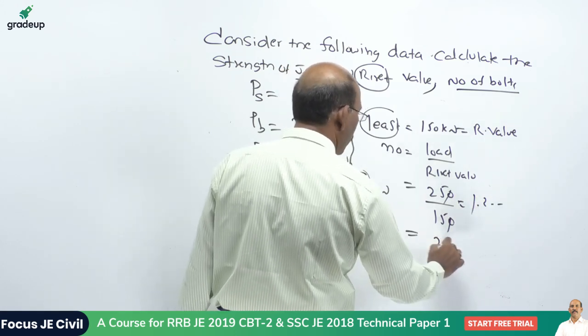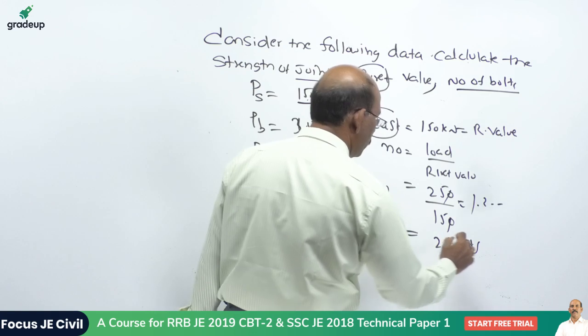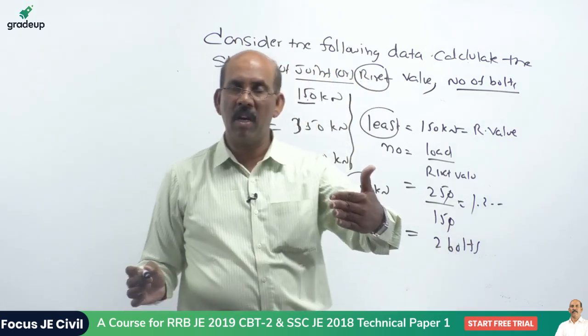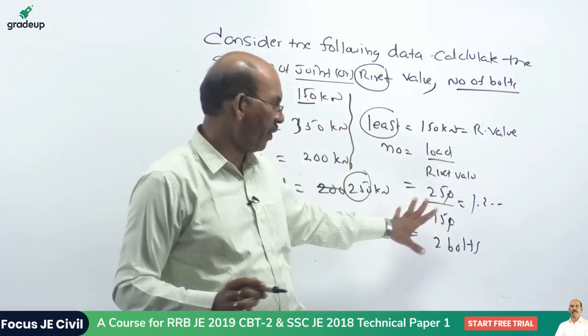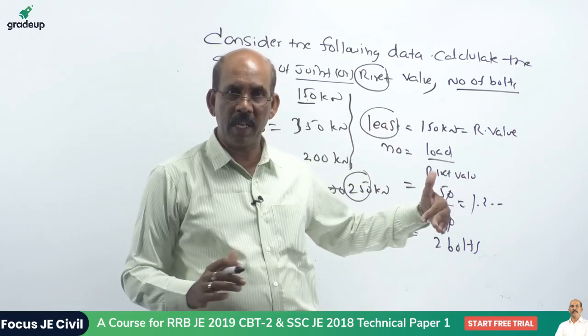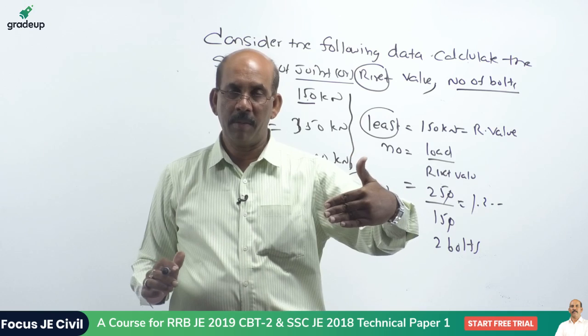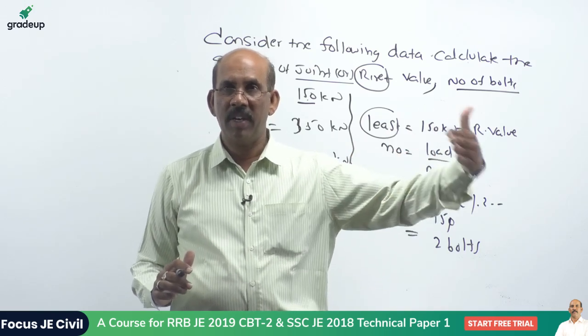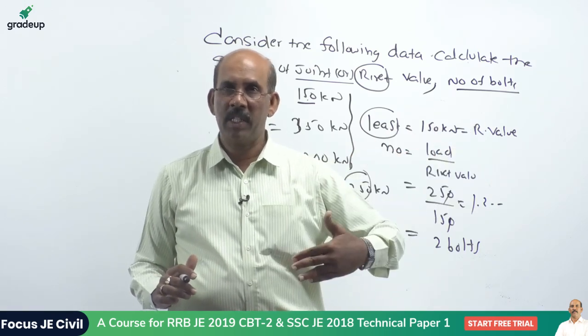So the number is equal to 2 bolts. You have to see this answer, 2 bolts are required minimum at the particular joint. This is how to calculate between the loads and rivet value from the examination point of view.